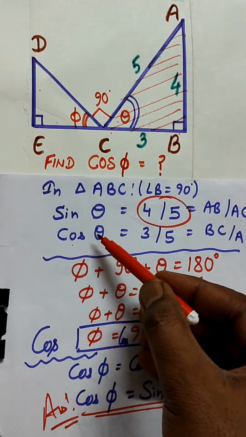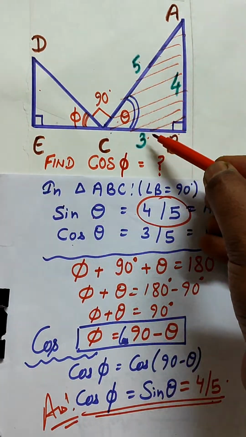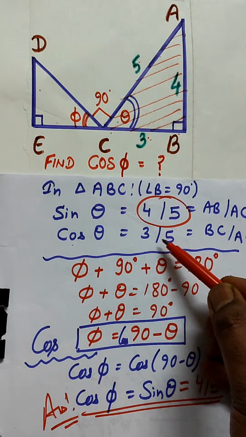Similarly, cos theta is base by hypotenuse, that is 3 by 5.